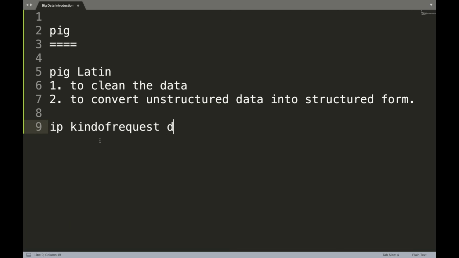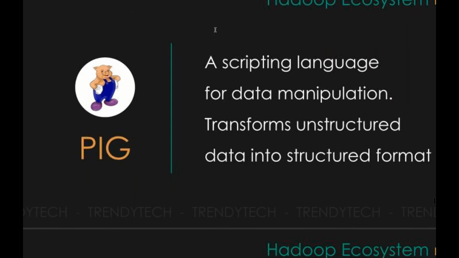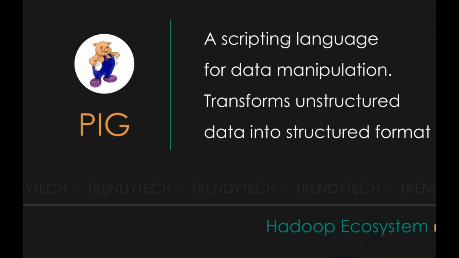And then after that the date, and then there is some tab, after that something. Technically, you know the structure when you open the file. Then if you can write the same thing in the script, you can create a table from this kind of data, right? That means you can convert this kind of unstructured data into a table. So converting unstructured data into structured form. So you can have a look: a scripting language for data manipulation also transforms unstructured data into structured form.